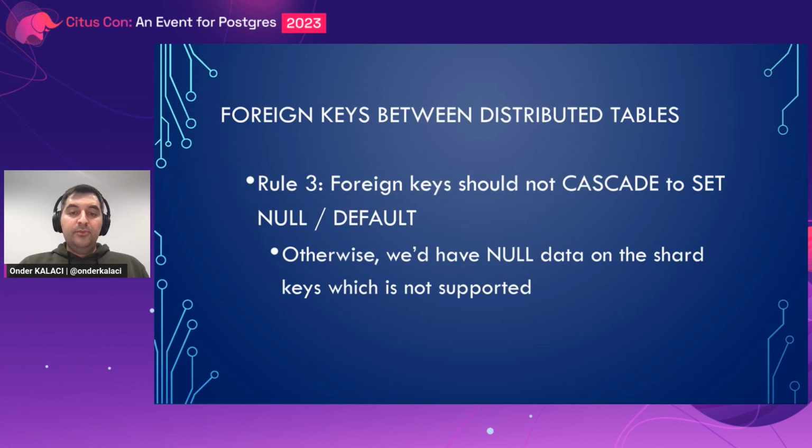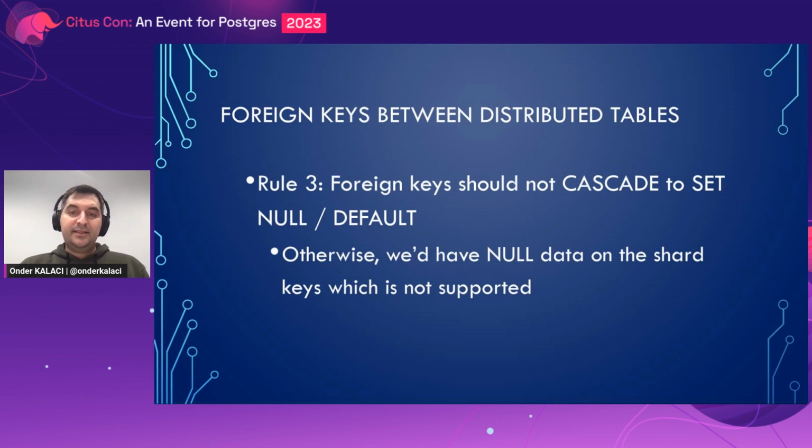And then there's also one more rule to keep in mind. If you have a foreign key between distributed tables, foreign keys should not cascade, set null, or default. And this is actually coming from another limitation of Citus. Citus currently does not support null values as a distribution column.